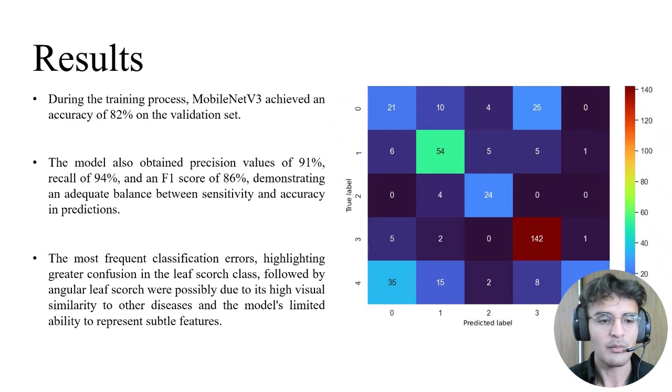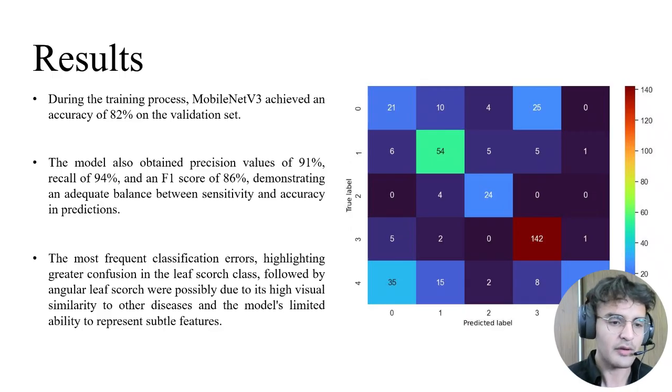During the training process, MobileNet version 3 achieved an accuracy of 82% on the validation set. The model also obtained a precision of 91%, recall of 94%, and F1 score of 86%, demonstrating an adequate balance between sensitivity and accuracy in predictions.